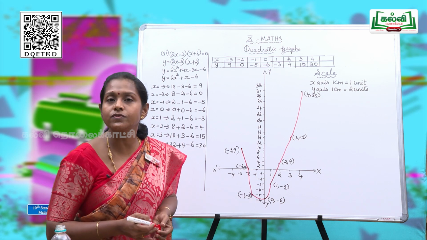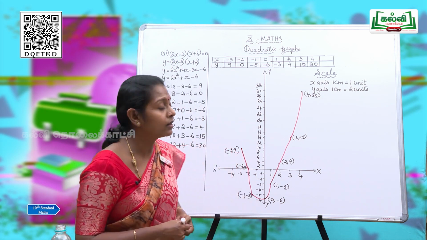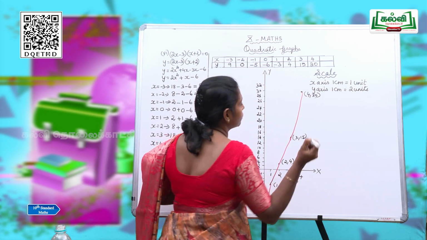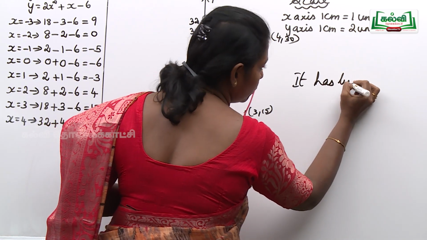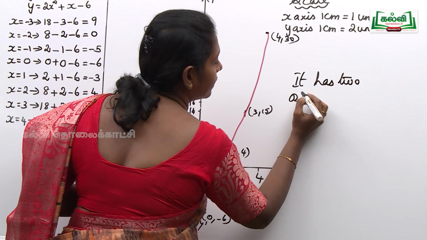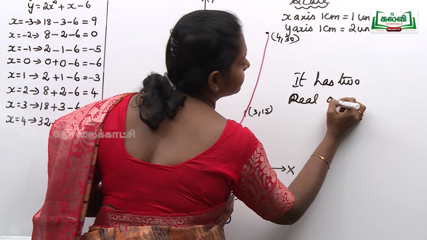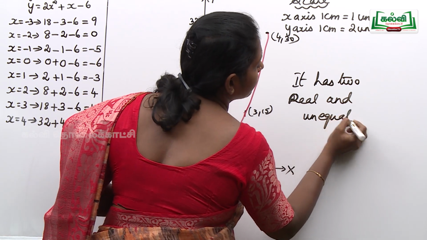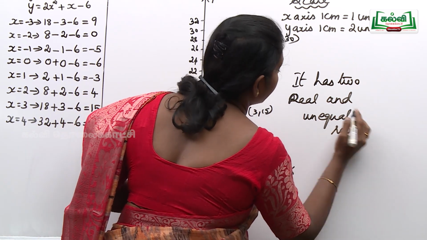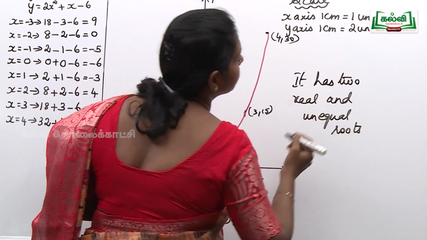So, that is the nature of solution. Yes, you got it? Okay, write this. What is the nature of solution? It has 2 real and unequal roots. I think you all are very clear about it.